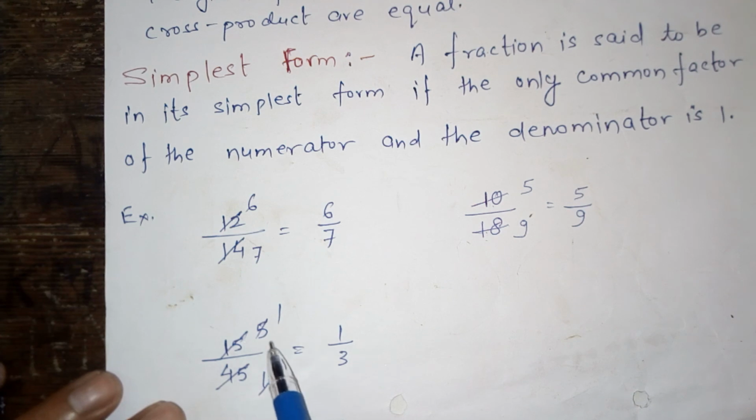Again, in 5 and 15, these two numbers are divisible by 5. 5 ones are 5, 5 threes are 15. So you will get 1 upon 3. So 1 upon 3 is the simplest form of 15 upon 45.